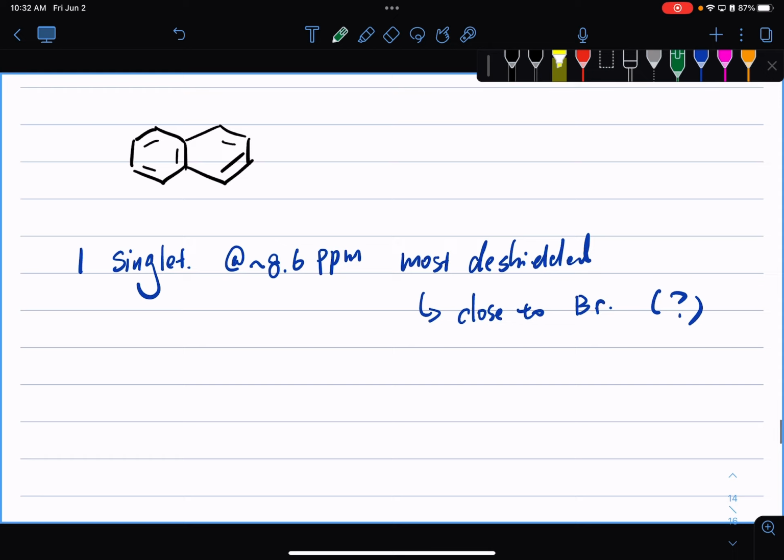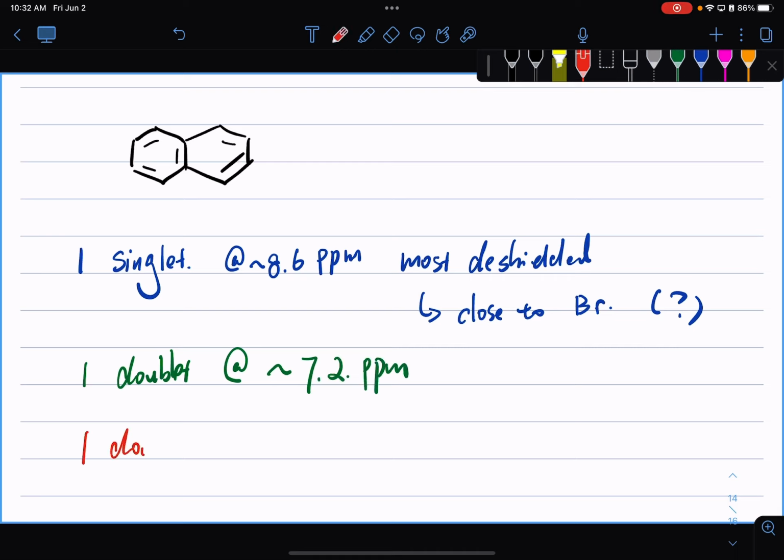Then we have 2 doublets, 1 doublet at, let's say, 7.2. And 1 doublet at about 7.8. Also keep in mind, these peaks are in a 1:1:1 ratio. We have a total of 6 hydrogens. Now they're 1:1:1 ratio. This is also supporting that our molecule has a plane of symmetry.